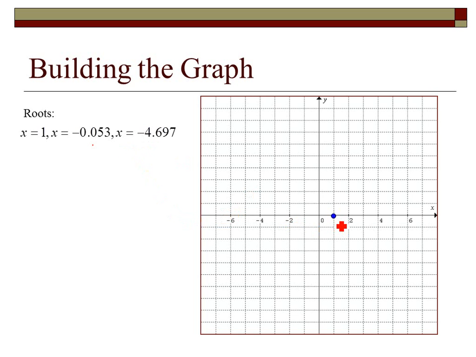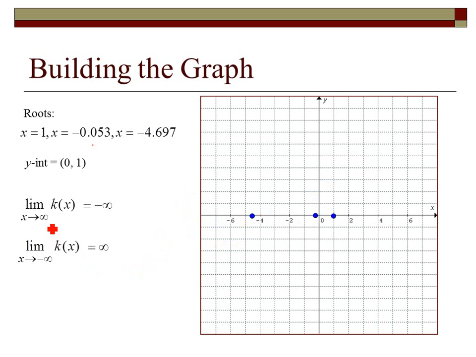So I'll put a dot there at 1, close to the x-axis, and this is a little bit past negative 4.5, so right in this range. We have the y-intercept at 0, 1, but I haven't scaled this, so I'm not going to put a dot there yet because I don't know where the scale is, so I'm just going to ignore it for now.